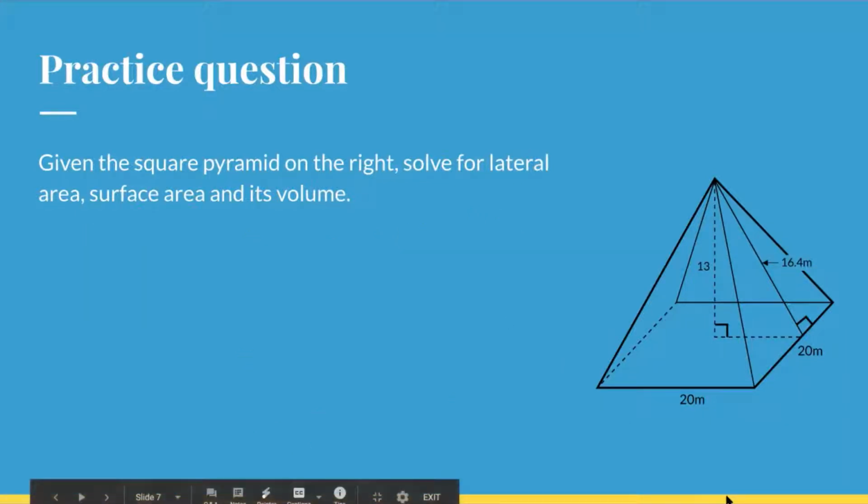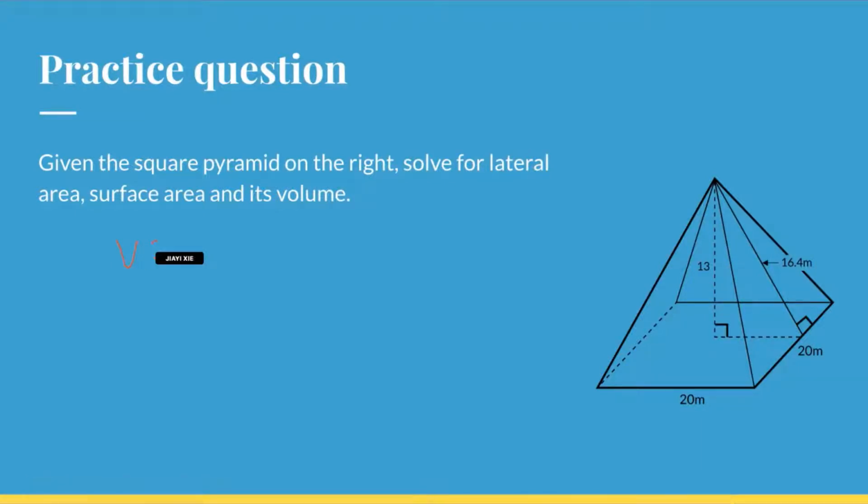Now lastly, let's solve for the volume. The volume of a pyramid is 1/3 times base times height. So the base will be 20 times 20, because this is a square base, which will give you 20 squared, and then you multiply it by the height. Not the slanted height, it has to be the height, which is 13.